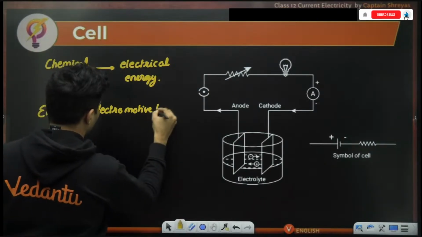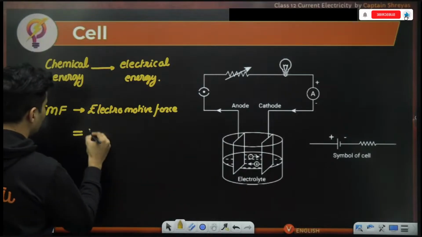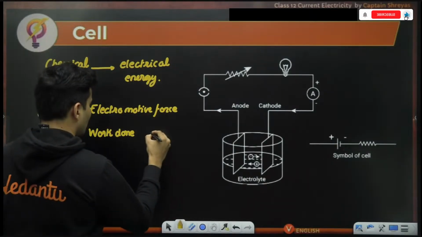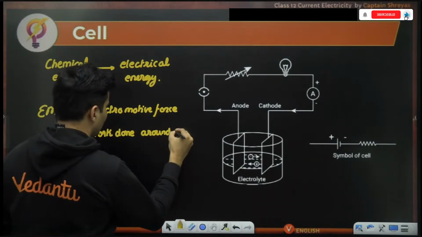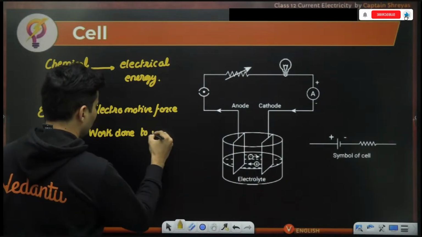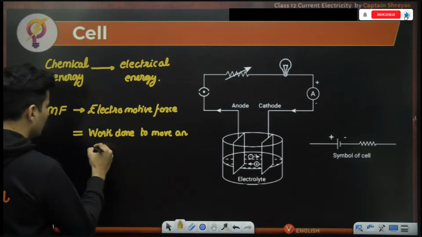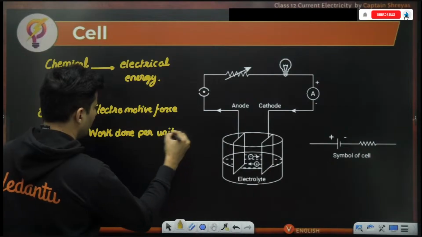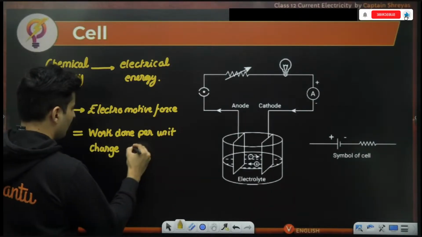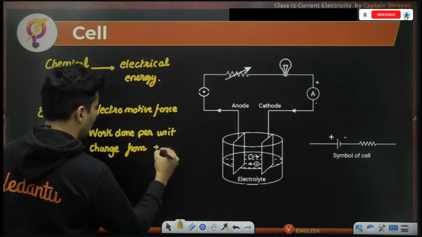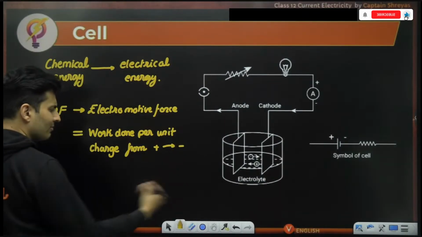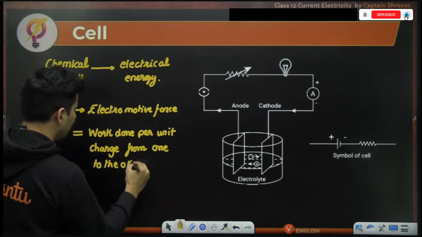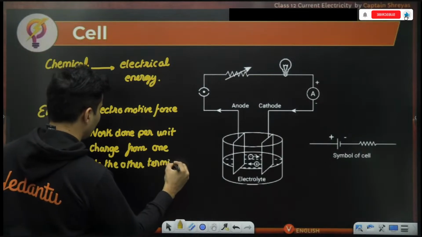So when I say EMF of a battery, it is the electromotive force. It is the work done per unit charge to move charge from one terminal to the other terminal of that particular cell.